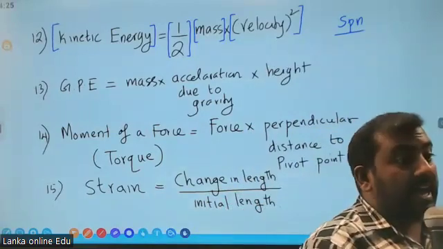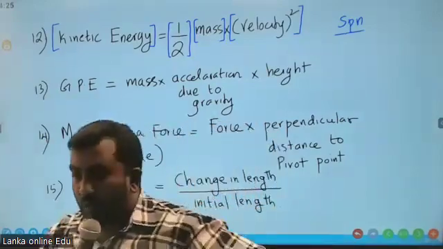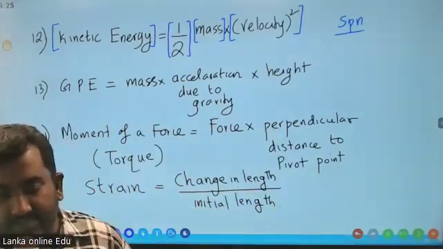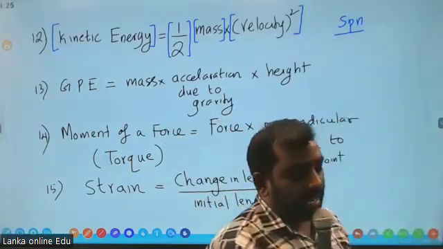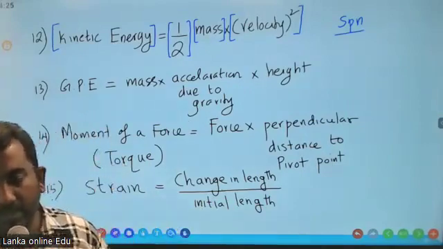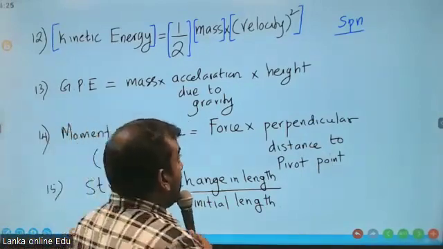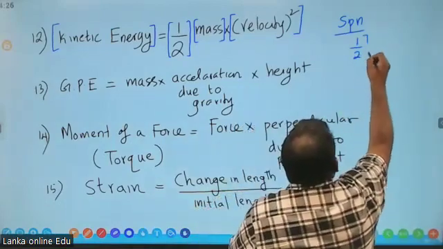Value constants are dimensionless. For example, half, dimension is 1.